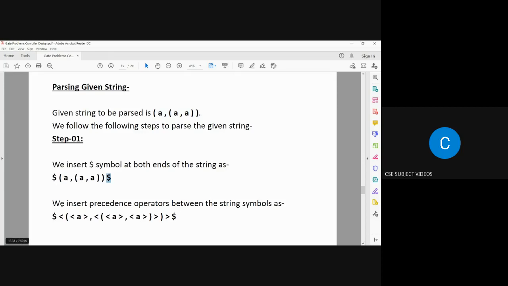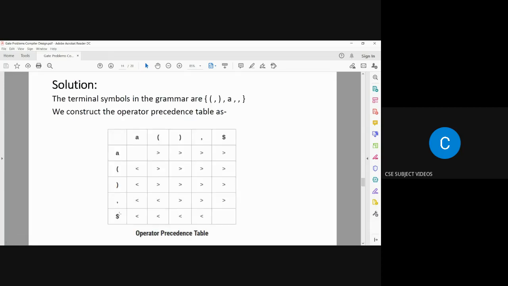Our next point, we insert precedence operators between the string symbols, likewise we have discussed in the previous problem. So dollar and then open bracket: dollar less than open bracket.